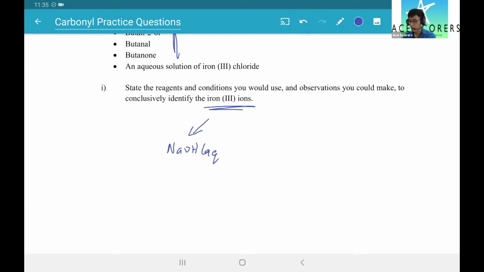Remember, for both these reagents, you will see a reddish brown precipitate, insoluble in excess.